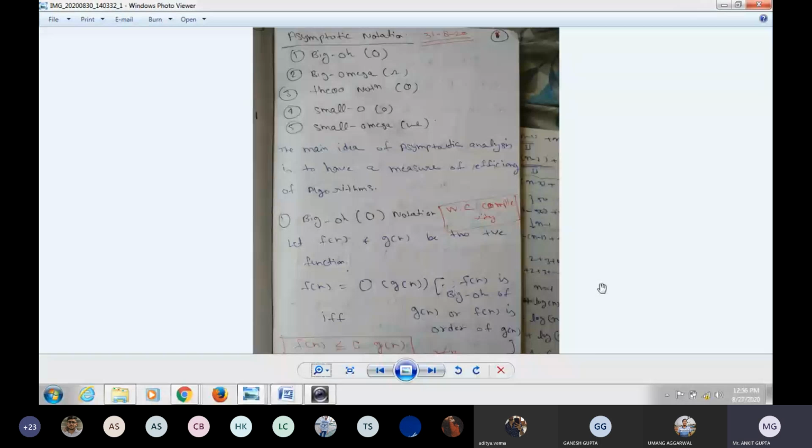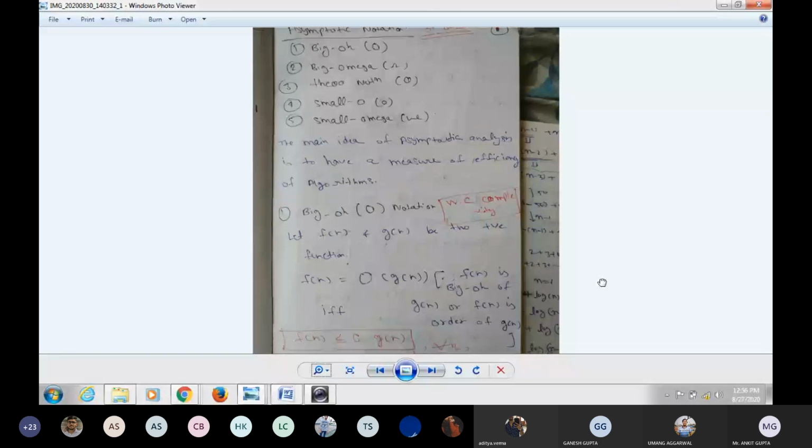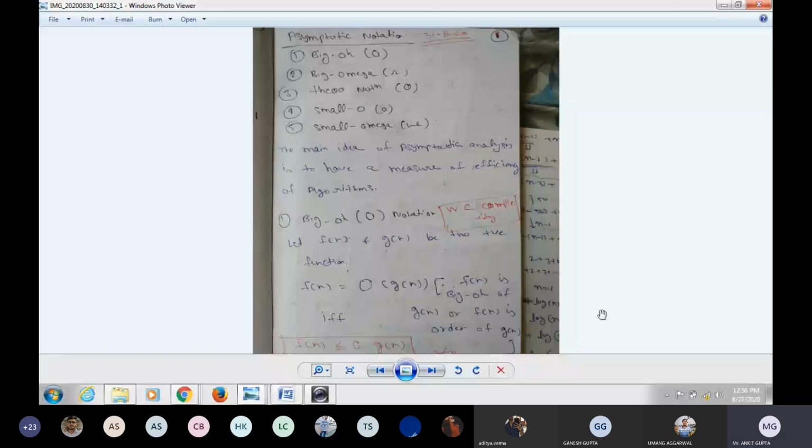What is basically the main idea of asymptotic notation? The main idea is that I have to measure the efficiency of an algorithm, in how much time the algorithm will complete.